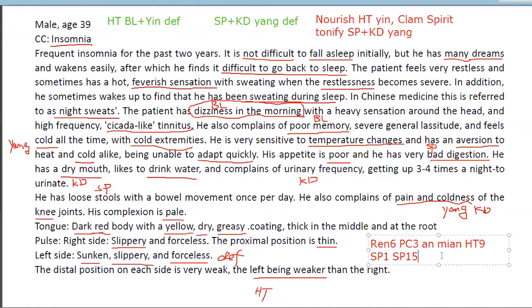That means they use both general points in the heart channel and the kidney channel. Heart 9 and Kidney 1 together calm the spirit and relieve dreams that disturb the sleep. Yeah, so that's this case. Some more discussion for this case.